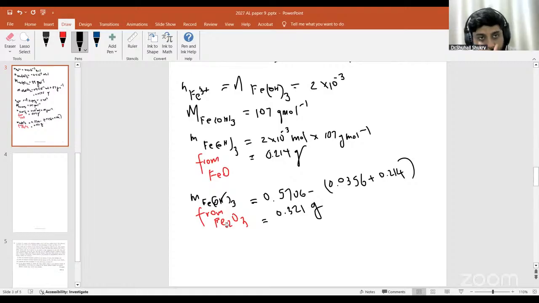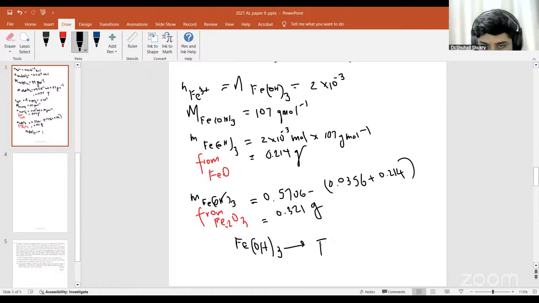Now from this, what can I find? If I break Fe(OH)3, I can break it as Fe3+ and 3 OH minus.